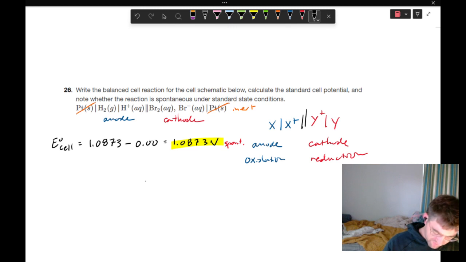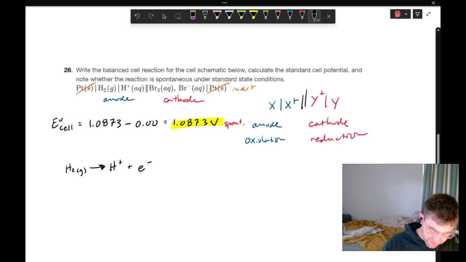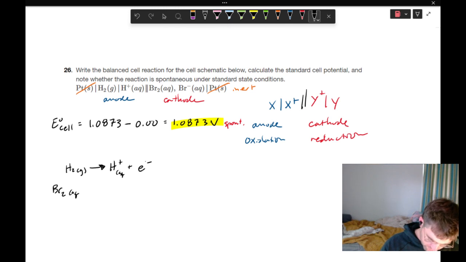We're not done. We have gaseous hydrogen separates, got our electrons on the right. So that's our oxidation of hydrogen. And then we have bromine, aqueous, plus 2 electrons, forms 2 bromines with their negative charge associated with it.